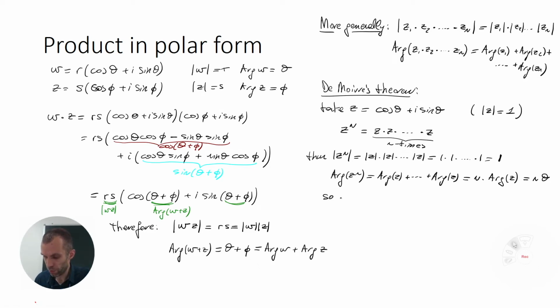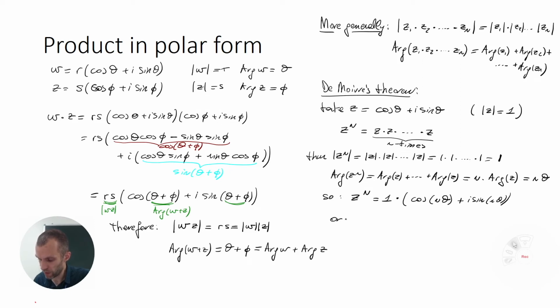And so from that we have that if we represent Z to the power n in polar form, what is it? Well, it's the modulus 1 times cosine of the argument. That's n times theta. We just derived that, plus i times sine of n times theta.